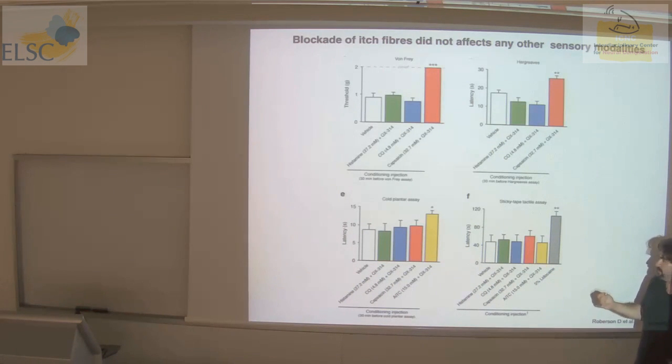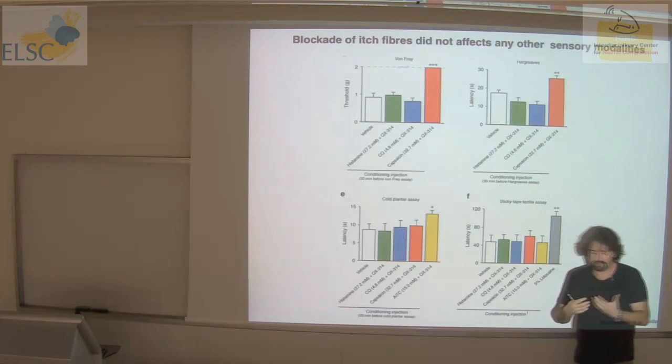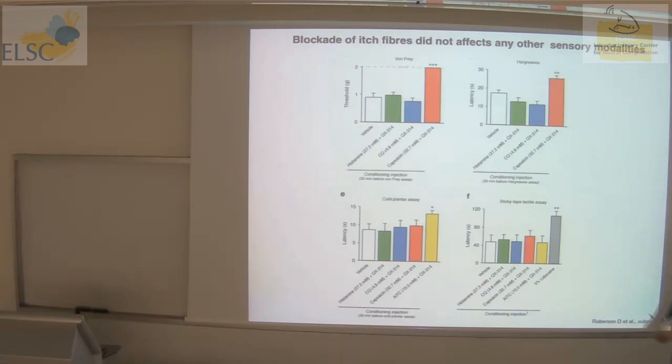Okay? What we can see here is that we checked pain threshold response for mechanical stimuli, response for thermal stimuli, cold plantar assay, response for non-painful cooling, and sticky tape tactile assay, meaning that this is a non-painful sensory test.